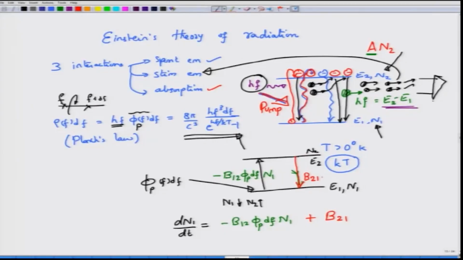It is proportional to phi p df and whatever population level exists at N2. So, this is plus B21 phi p df N2, and of course, there is another term that we should not forget.